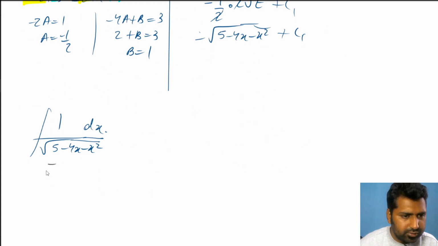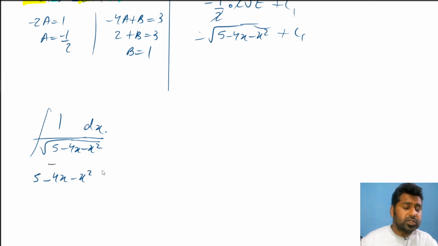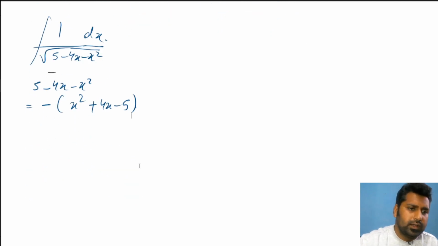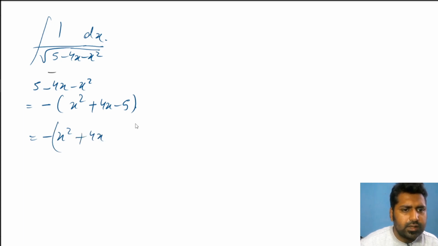For that we have to make perfect square. So now the problem is 5 minus 4x minus x square. You cannot directly make this because the coefficient of x square, I told you, should be 1. It's not 1. So what do we do? I rewrite this as, taking the negative common, I write 5 and change the sign: x square plus 4x minus 5. You do the same thing: minus, x square plus 4x minus 5.